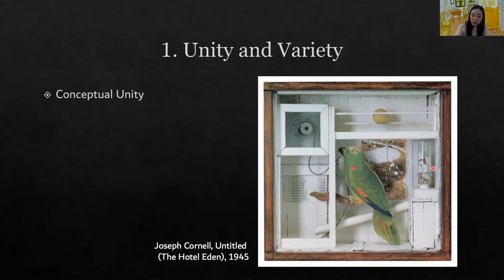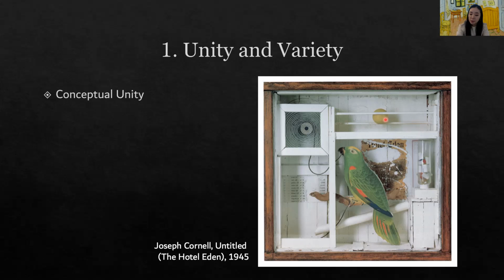Cornell has collected objects from life and sealed them in a box. The bird is caged and unable to get out. And the yellow ball sits trapped on two rails that limit its freedom of movement to rolling back and forth.